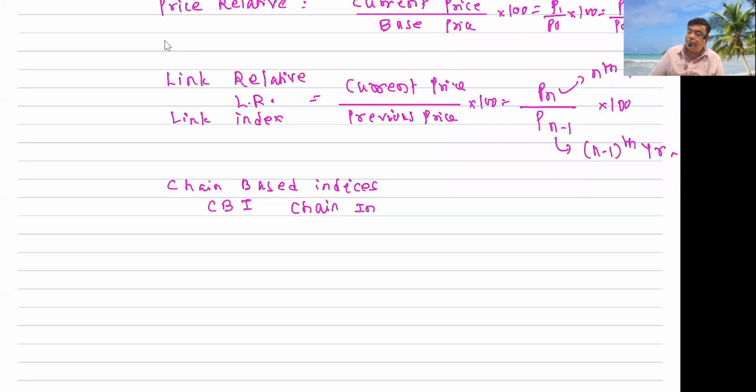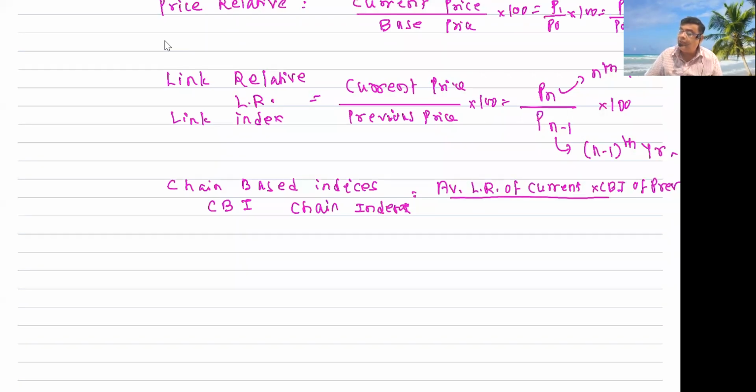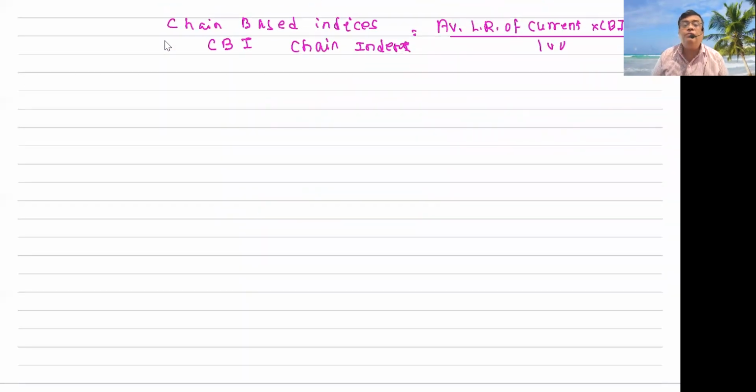Chain index is equal to average LR of current year into CBI of previous year and that divided by 100. बेटा तुम इसको समझने की कोशिश करो. इस फॉर्मूला को तुम अच्छी तरीके से समझो.